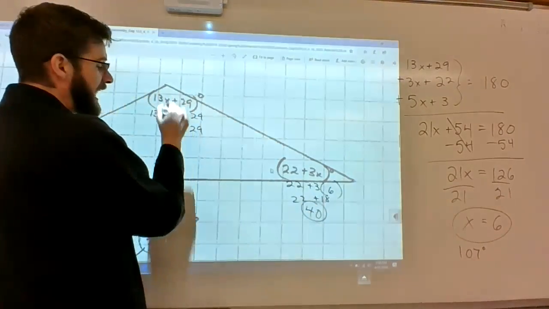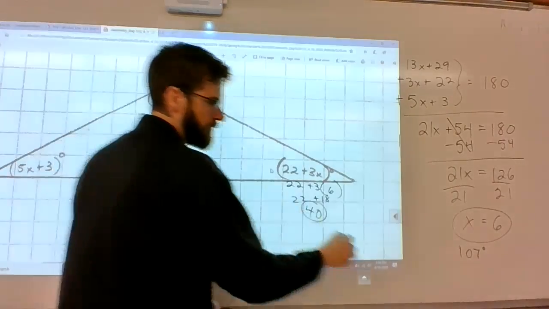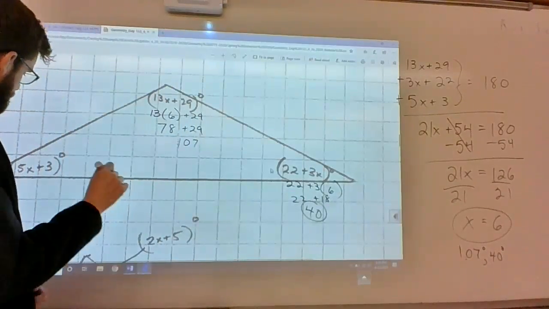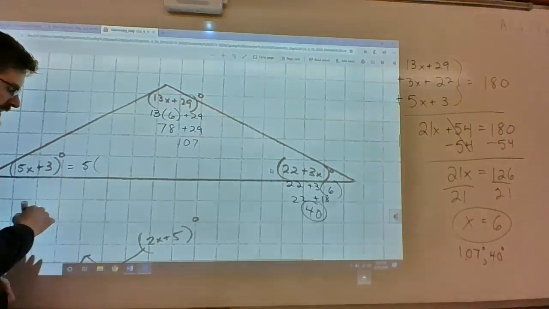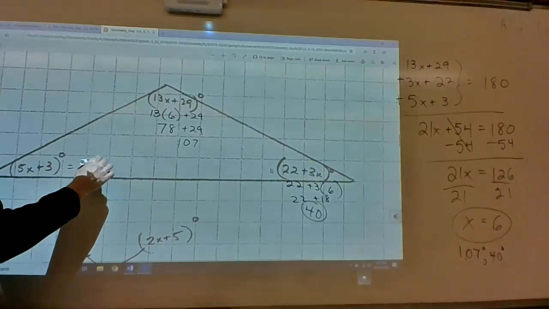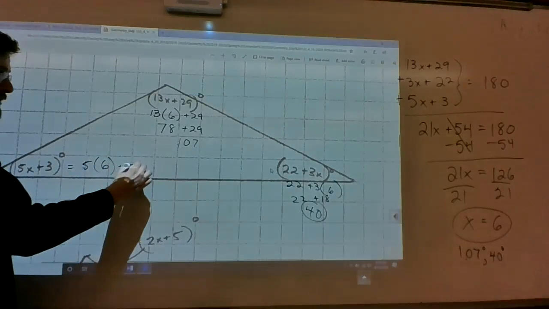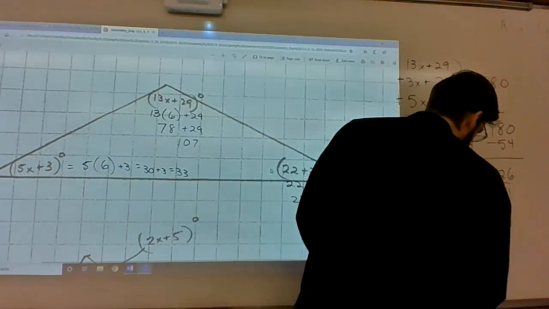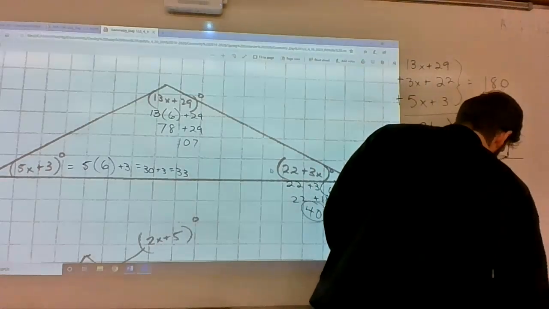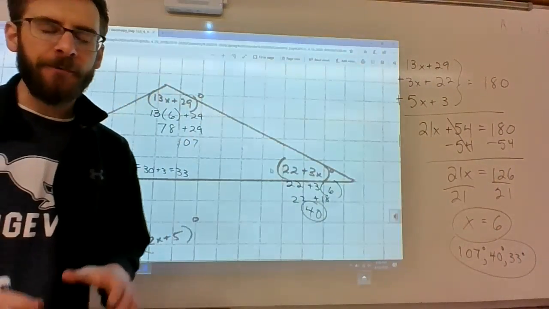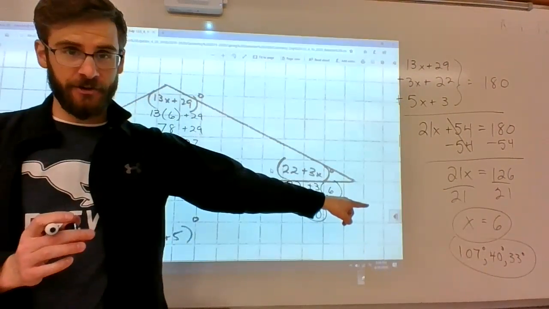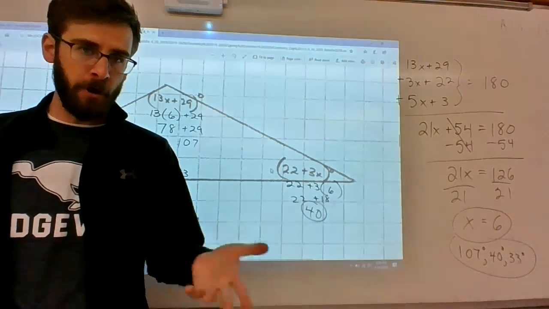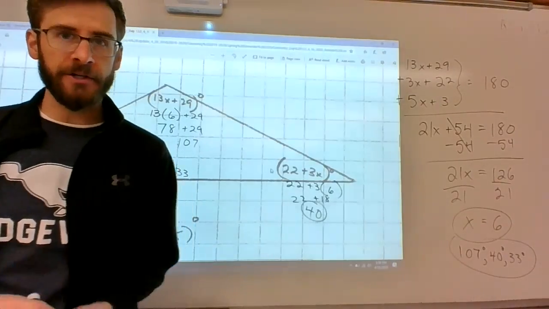Okay, so we've got a 40 degree angle as well. The last one, 5x plus 3, is 5 times 6 plus 3. That's 30 plus 3, it's 33. Okay, so recognize, that's our answer. Not just x equals 6, but you need the degree measures of the other parts of the triangle to fully answer the question.